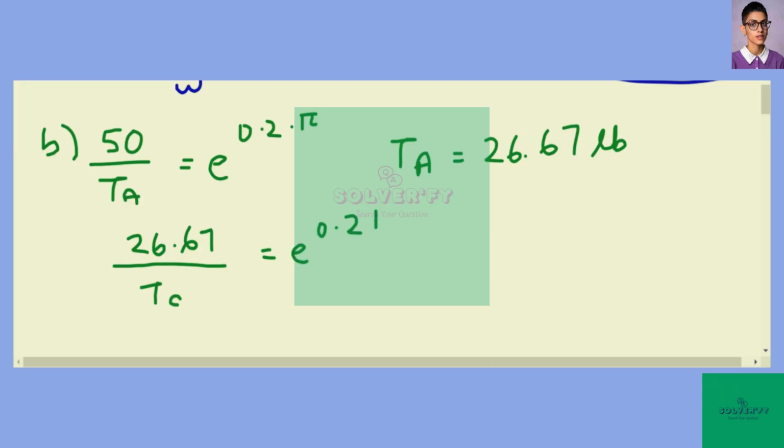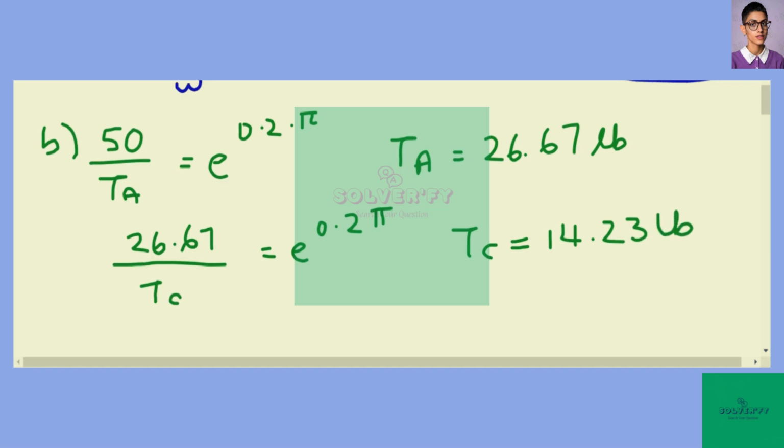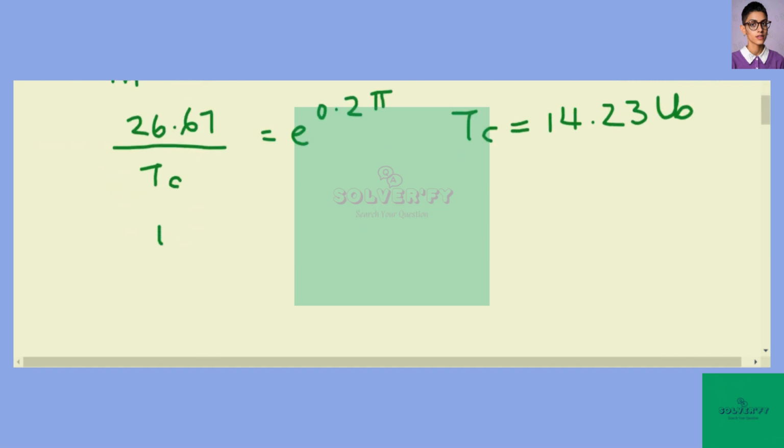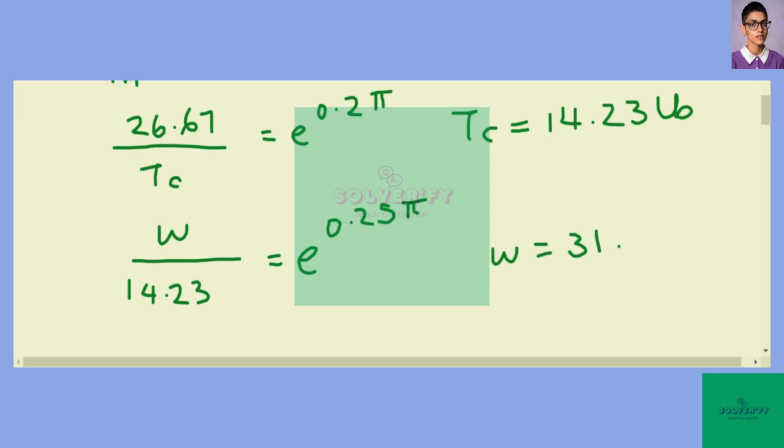So TC is 14.23 pounds. And for the last pipe B, we have W being the larger weight because of the rotation over 14.23 to be equal to e to the static coefficient of friction times pi. So W is 31.2 pounds. And that's our answer to part B.